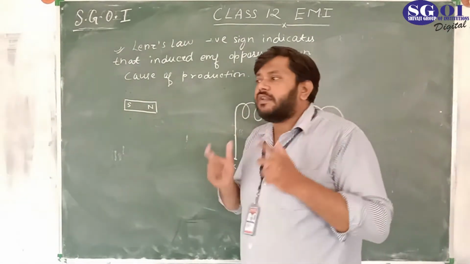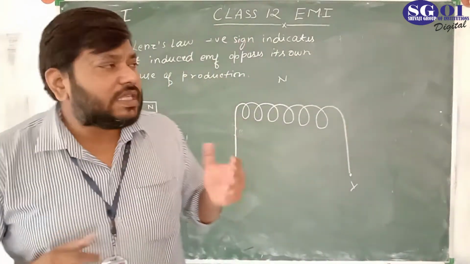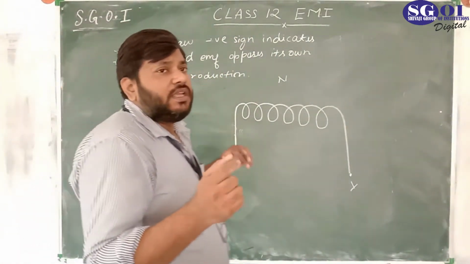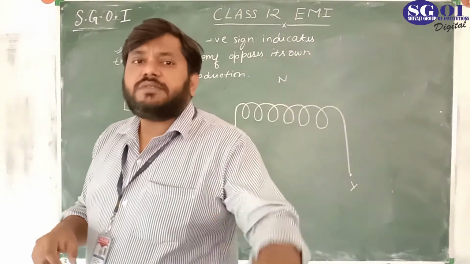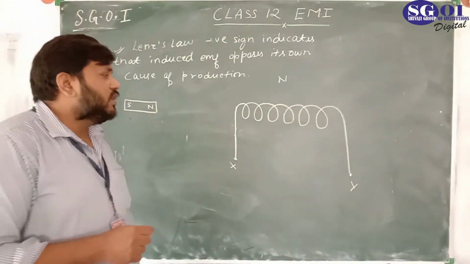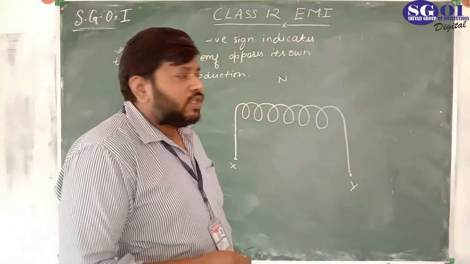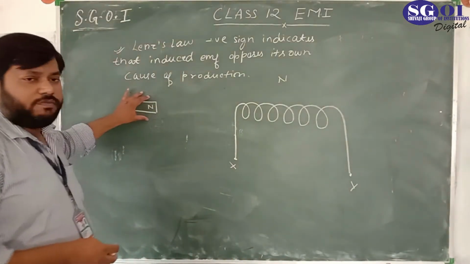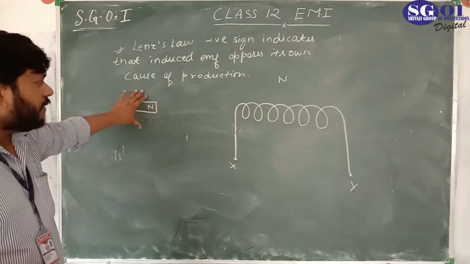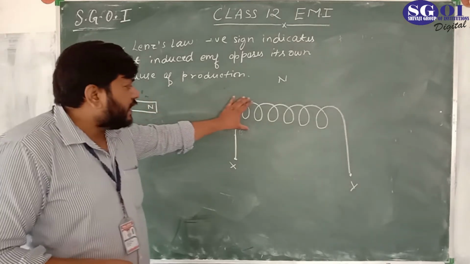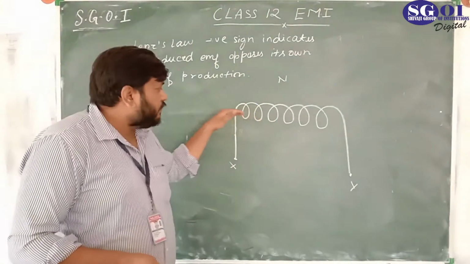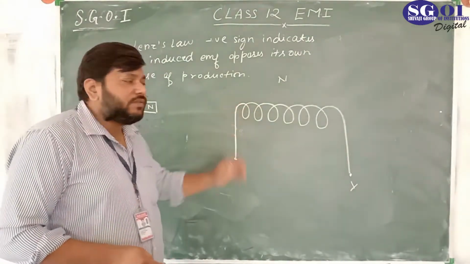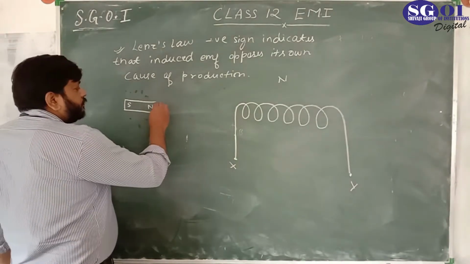You have to carefully go to the concept of Faraday's first law. Faraday told that whenever there is a change in magnetic flux, obviously because of this bar magnet, some magnetic field lines would be passing through the coil.